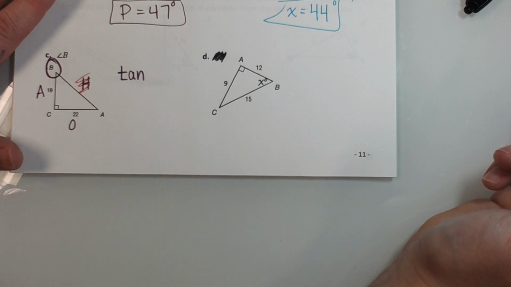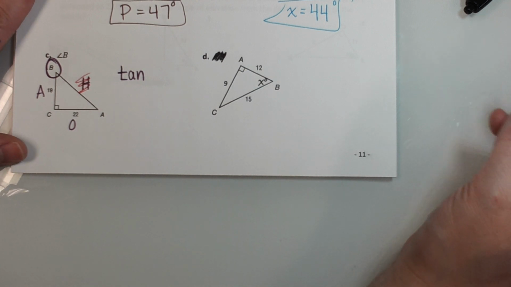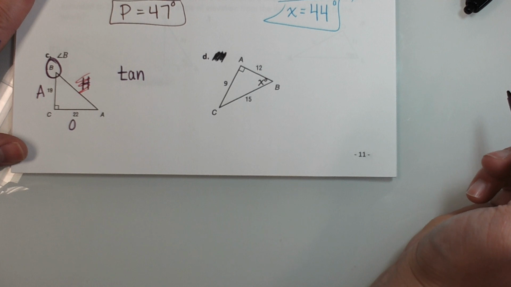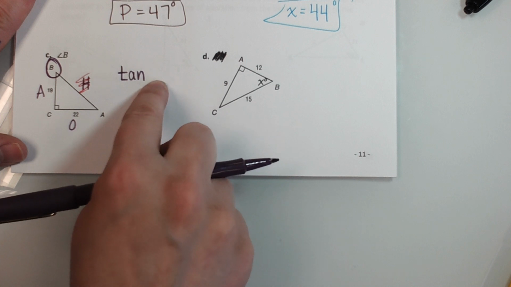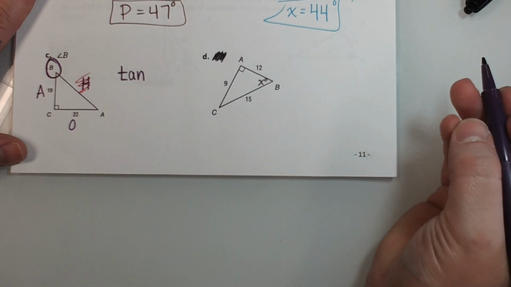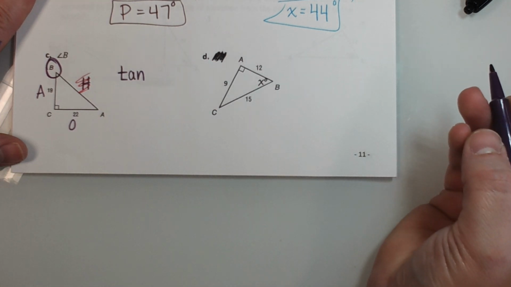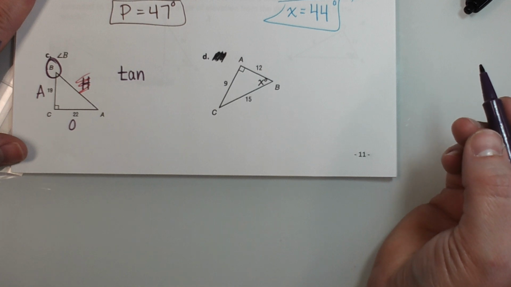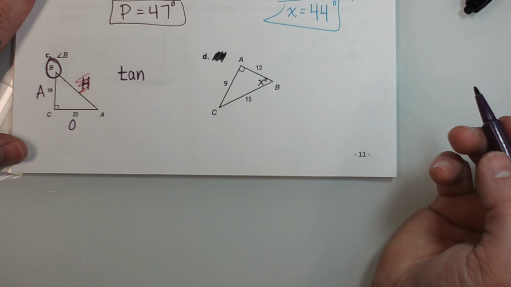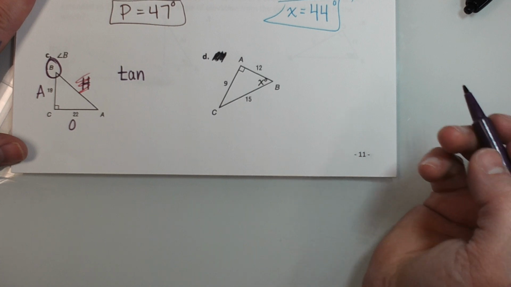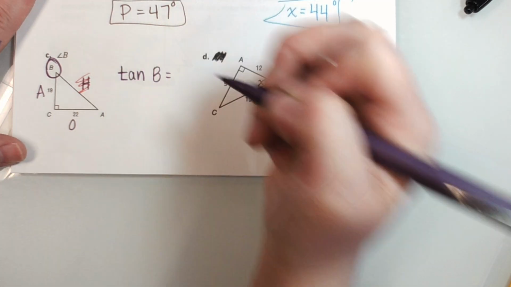Not yet. The fraction has to go on the other side of the equal sign. It has to be in parentheses first: the angle. What angle? The angle of focus, which is our angle of focus on this one. Yeah, B. And then it equals a fraction.